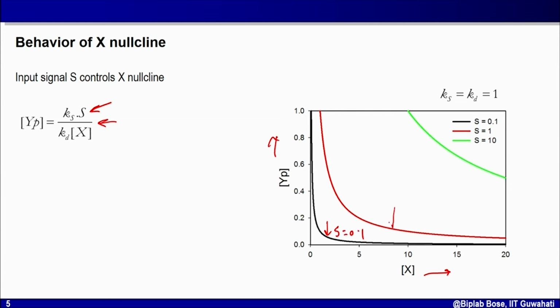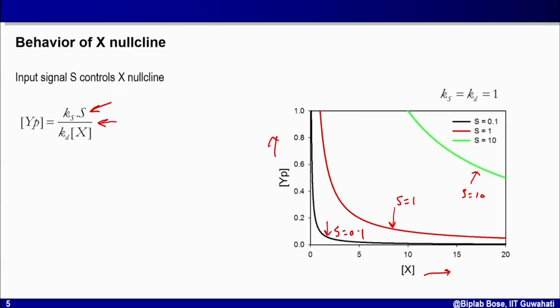As I increase the signal S from 0.1 to 1, I get this red curve which is moving towards the upper right hand side, and when I increase S further 10 times to S equal to 10, I see it moving further towards the upper right hand corner. So that means X alkaline is sensitive to S, and remember YP alkaline was not sensitive to S, the input signal.